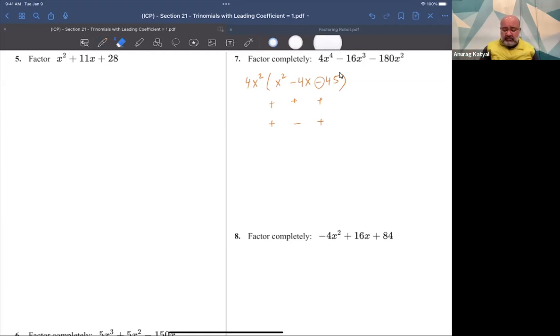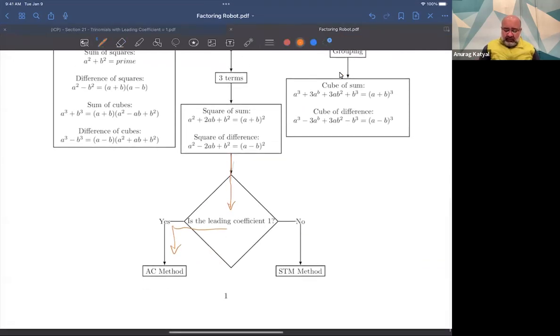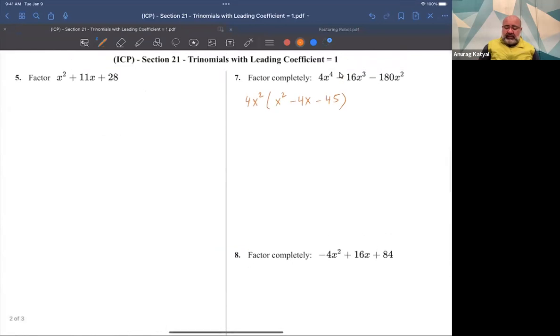You don't have to consider them. So this is done. And we say, okay, if the formulas don't apply, is the leading coefficient 1? At the beginning, the answer was no, but is it one now? Yes. So this is why we can apply the AC method on just this part, but we could not use it on this. That would not be permitted.